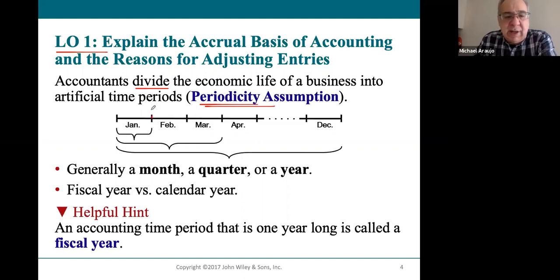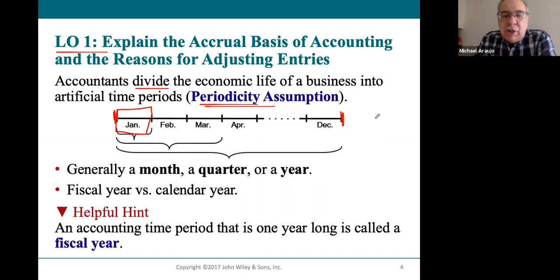The shortest time period that we look at is a month. Then we look at a quarter. But the most we look at, in other words, the most amount of time we keep records in a company, is a 1-year period of time, at which we have to go through a process where we close this record and begin a new record for the next year or for the next period.